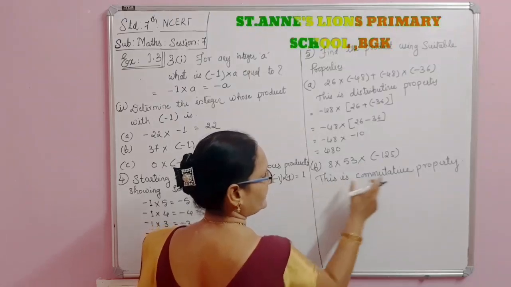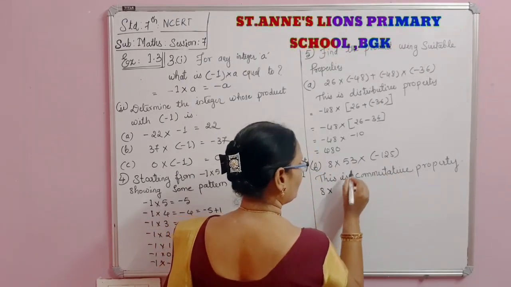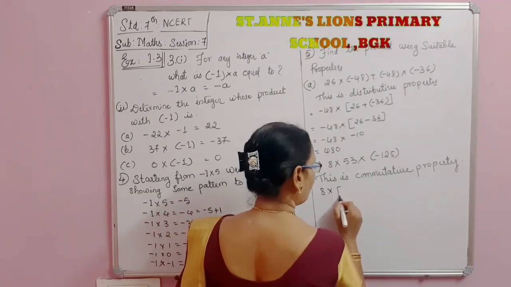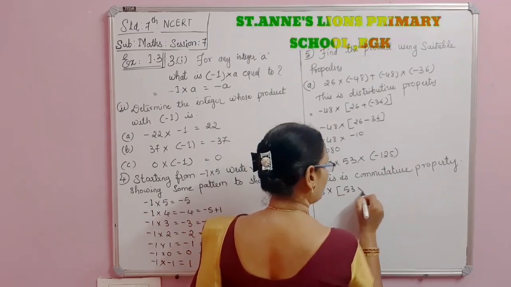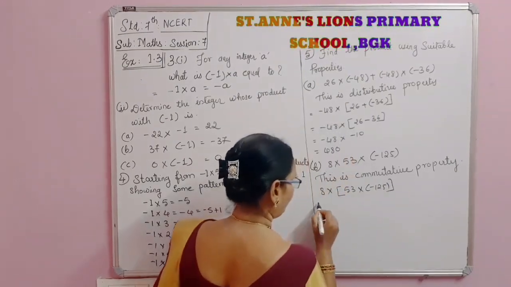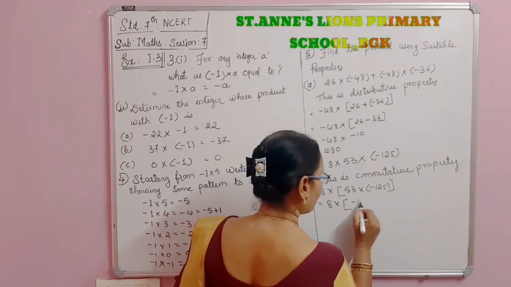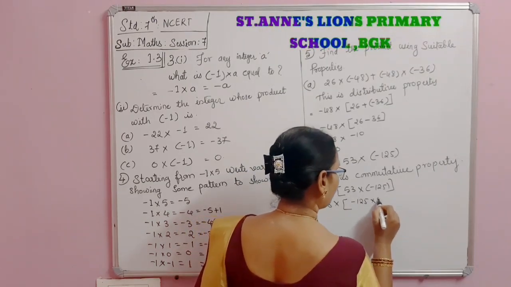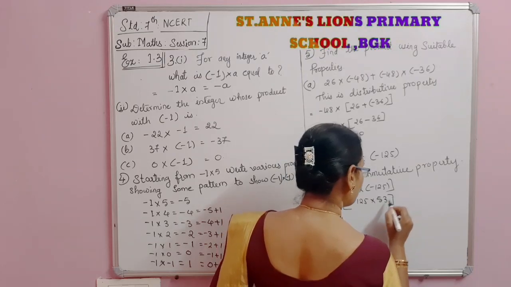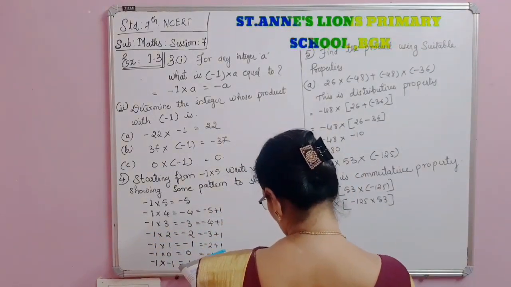Next is simplification. Here how commutative property? See, 8 into 53 into minus 125 can be written as 8 into minus 125 into 53. So because of that this is commutative property for multiplication.